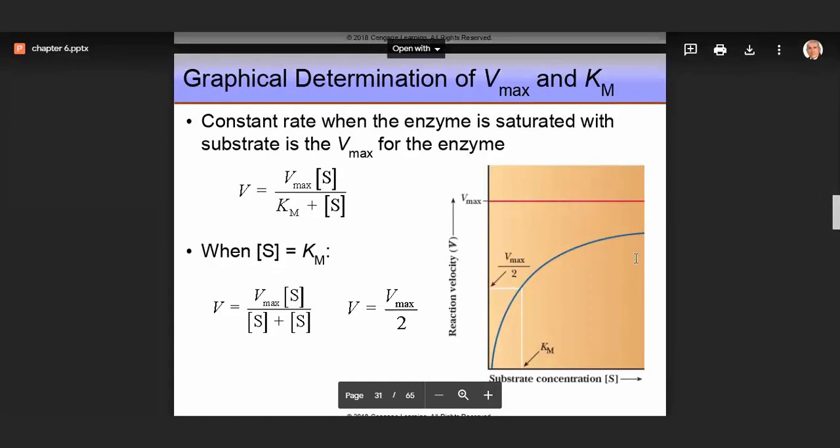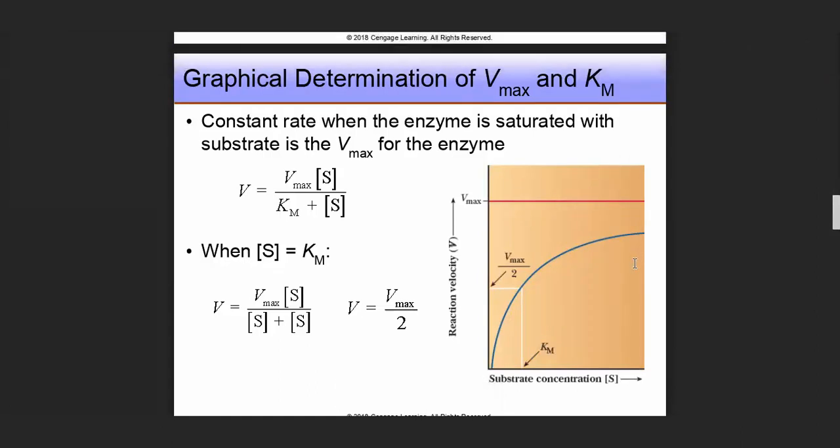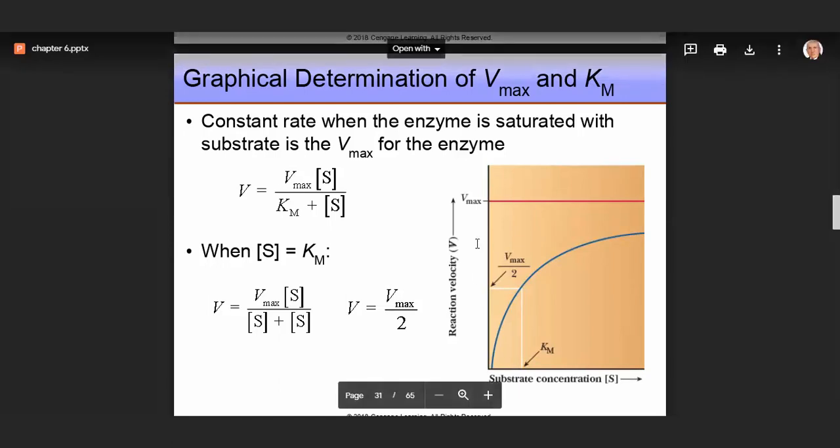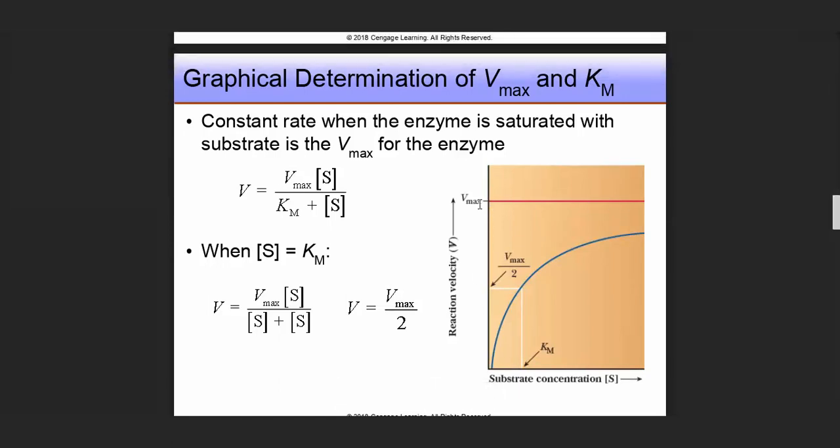This red line represents the maximum velocity, which comes about when the enzyme is saturated with substrate, as I told you. Then V initial becomes V max, and you can determine this from the plot if you want.